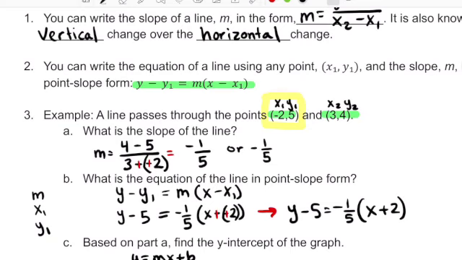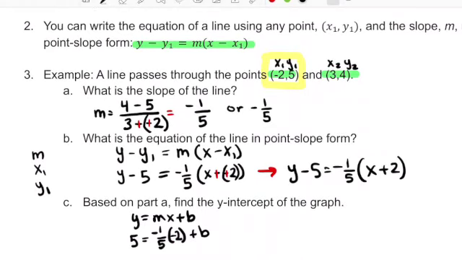So our x was negative 2, and our y is 5 plus b. So from here, we just need to simplify. This becomes 2/5 when we multiply the fraction.